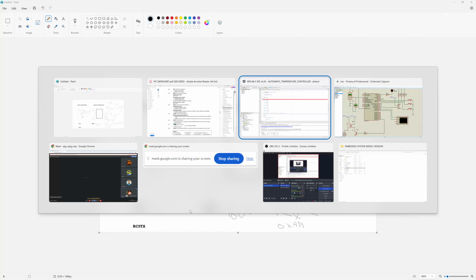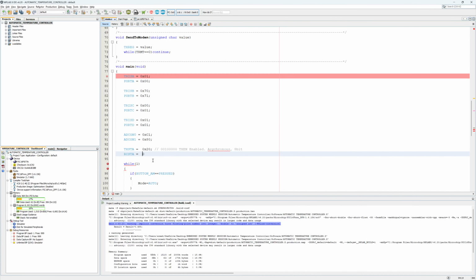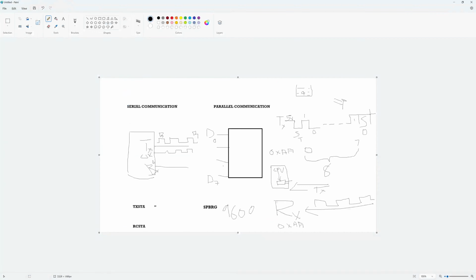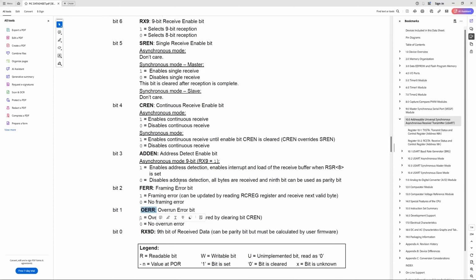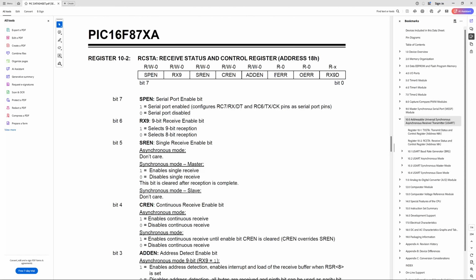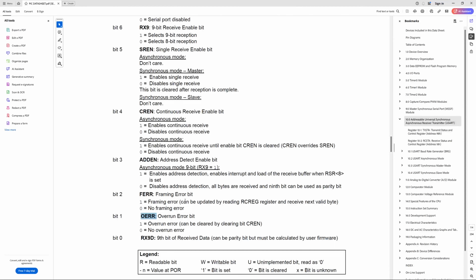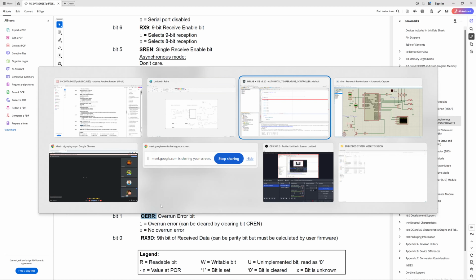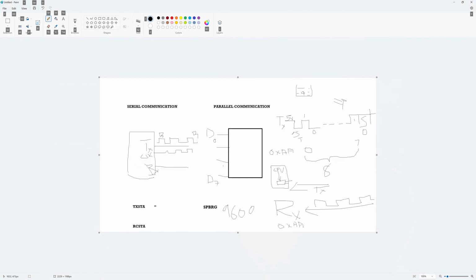So overrun error is a monitoring flag. We are least bothered about it when we initialize, so we are keeping it 0. Next flag is FERR. What is FERR? Framing error bit. Suppose there is some noise, then a framing issue would be there. We have a frame of data: a start bit, a stop bit, and in between the data bits.